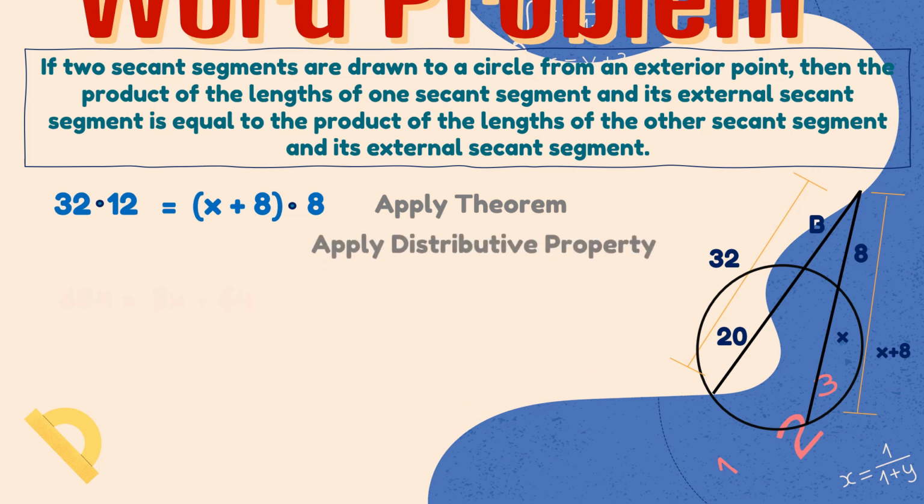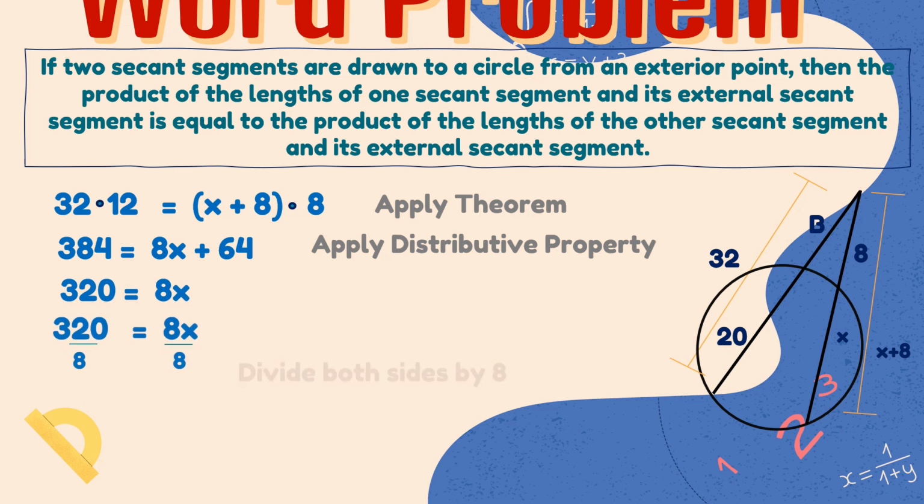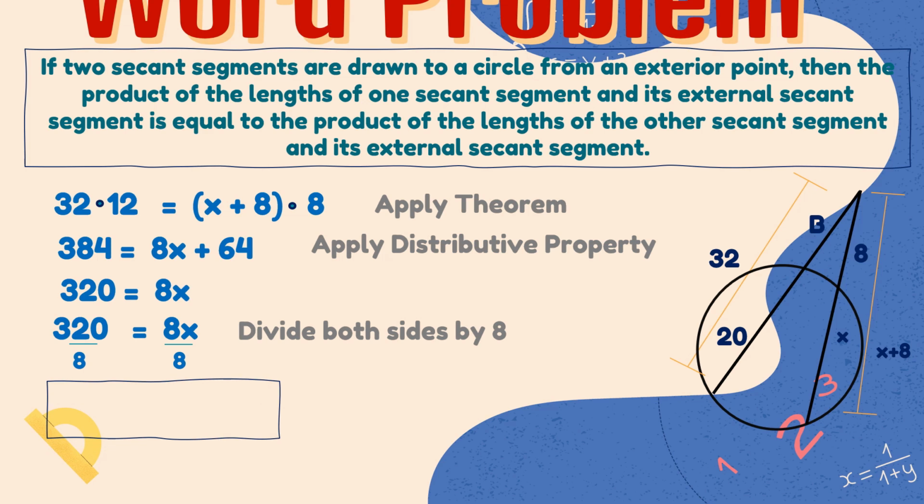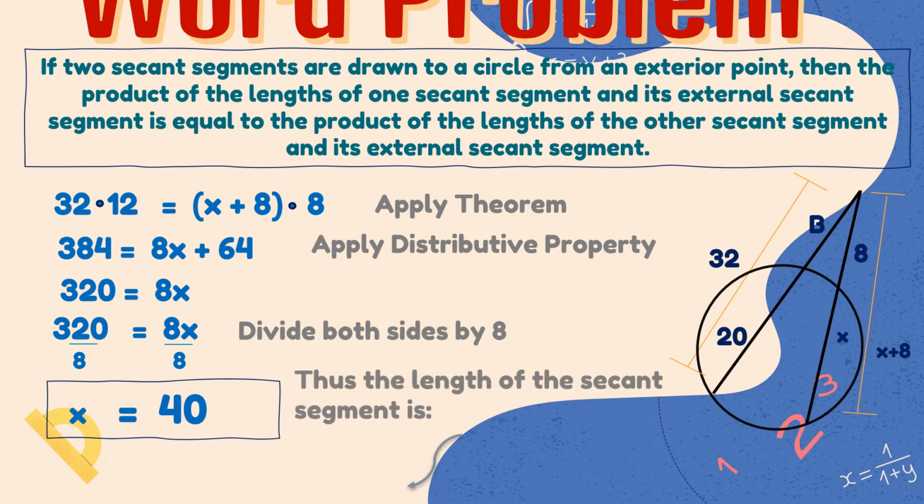Applying distributive property, we have 384 is equal to 8x plus 64. 320 is equal to 8x. Dividing both sides of the equation by 8, the value of x is equal to 40. Thus, the length of the secant segment is x plus 8. 40 plus 8 is equal to 48 centimeters.